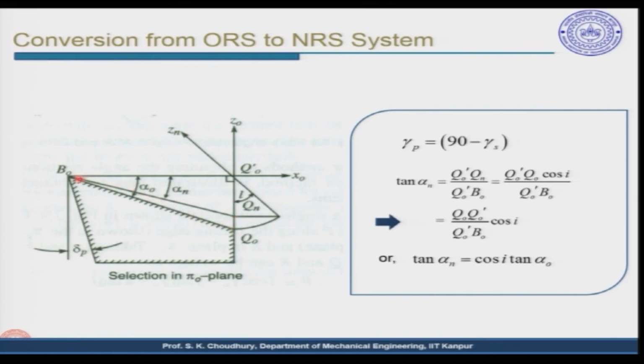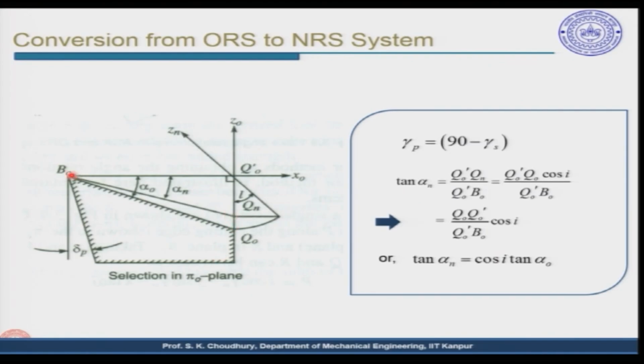Once again, this is the tool in the ORS system. Now we will convert this tool to the normal rake system. To convert that, we make a system of axes inclined by an angle of I. Therefore, this point can be projected to the Zn axis, and from the Zn axis we come back to the ORS system Z0. So this point is converted here.